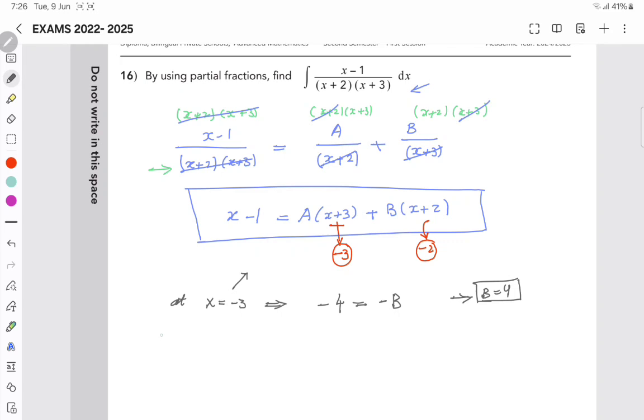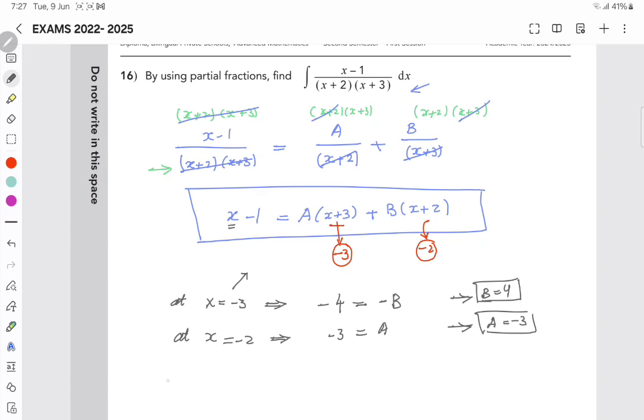Use the other zero, or the second zero, at x equal negative 2. Negative 2 eliminates b. So substitute every x. Negative 2 minus 1 will be negative 3, is equal, negative 2 plus 3 will be 1 times a, it will be a. So the value of a will be equal negative 3.